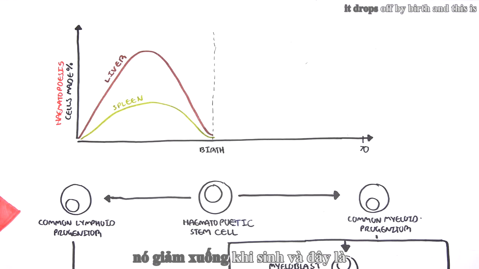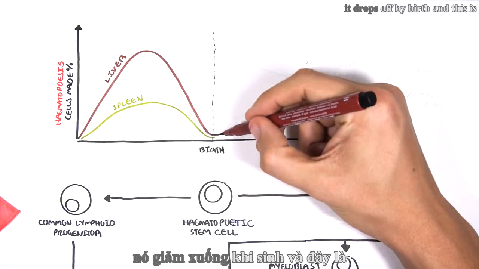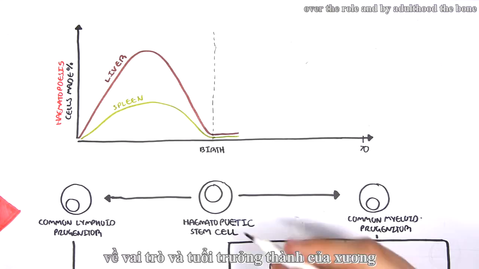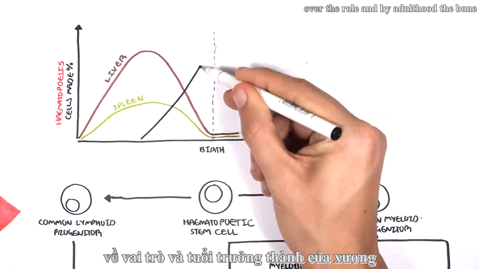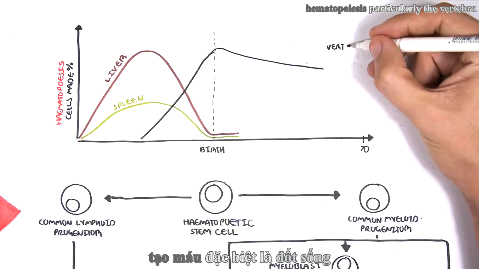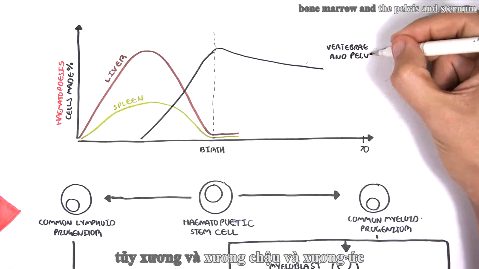But then it drops off by birth. And this is because slowly the bone marrow will take over the role. And by adulthood, the bone marrow has the main role in hematopoiesis, particularly the vertebrae bone marrow and the pelvis and sternum.